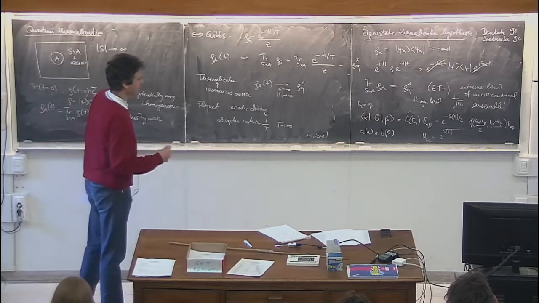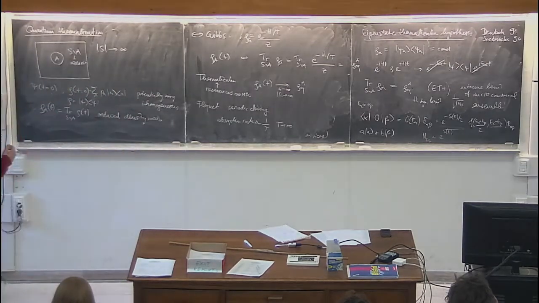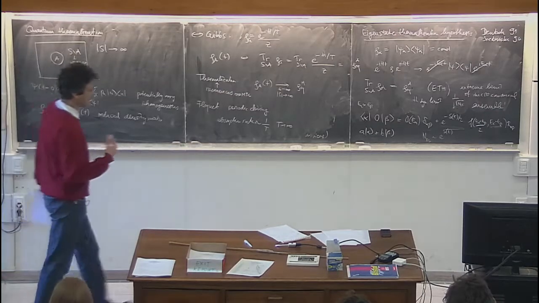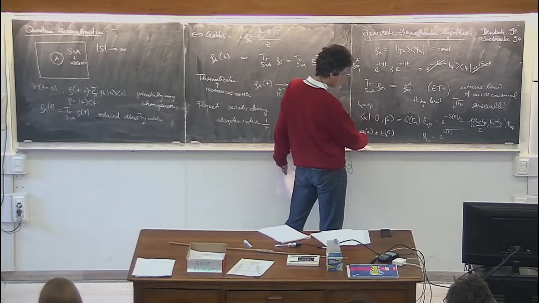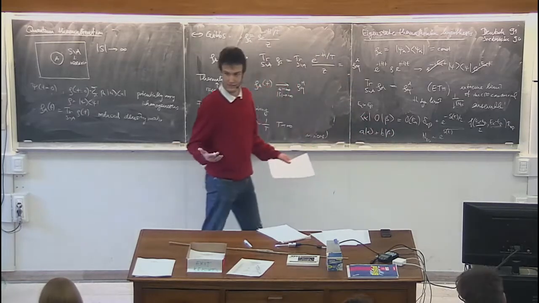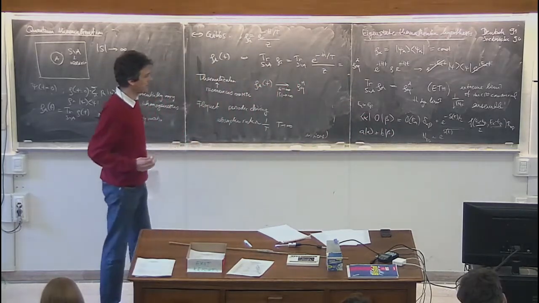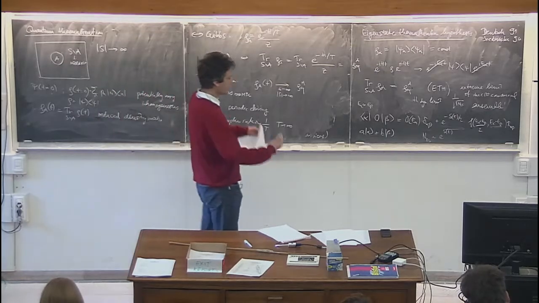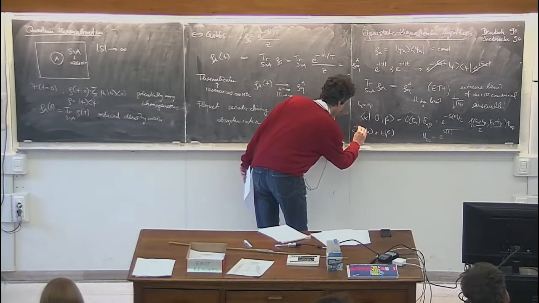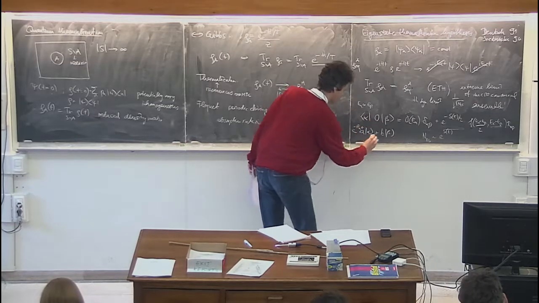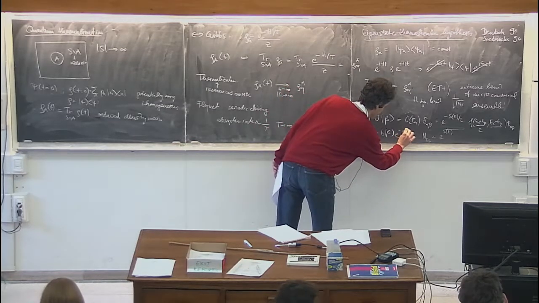Now, what is happening in thermalization? If you prepare your system in an arbitrary initial state, which is a superposition of many eigenstates, typically, you have unitary evolution, so you just get here e to the minus i E alpha t, and here e to the minus i E beta t.